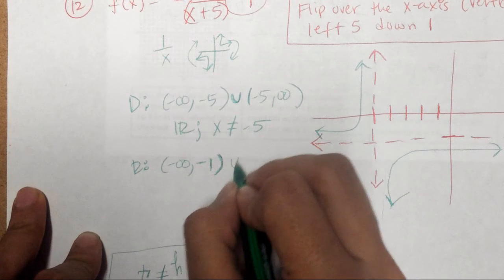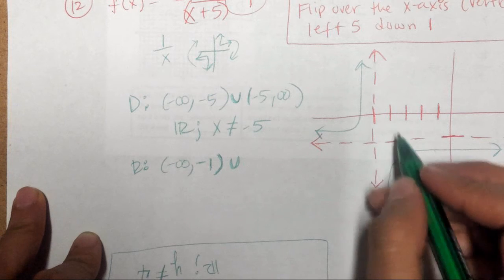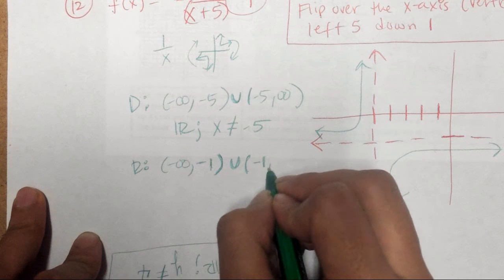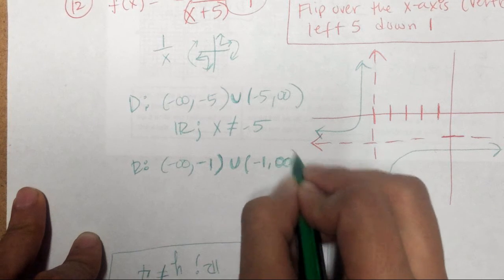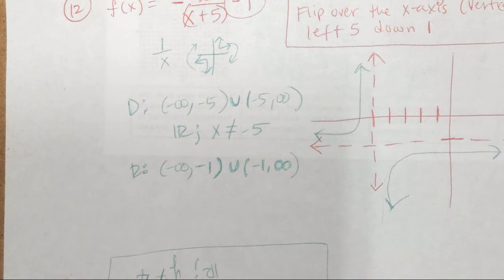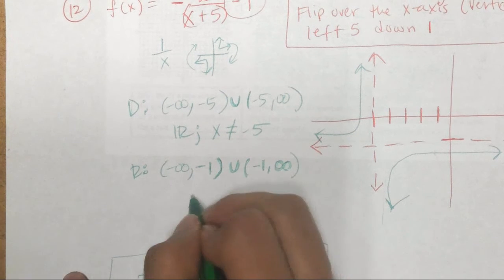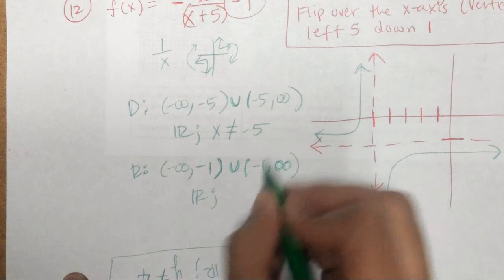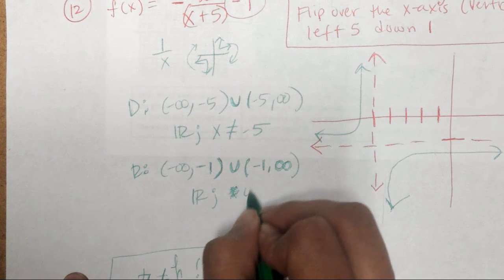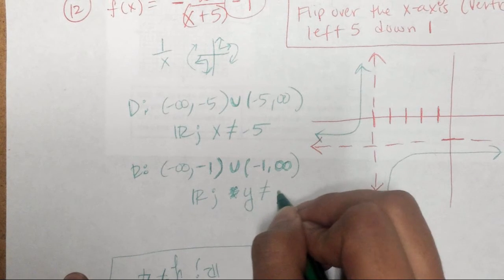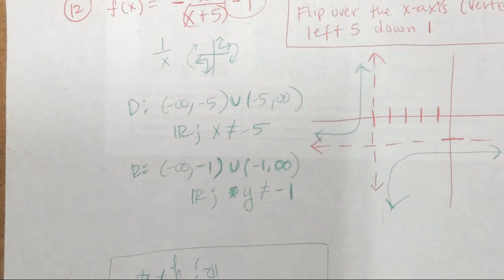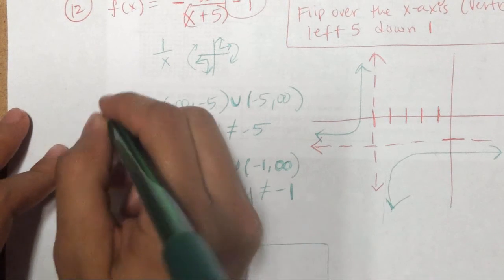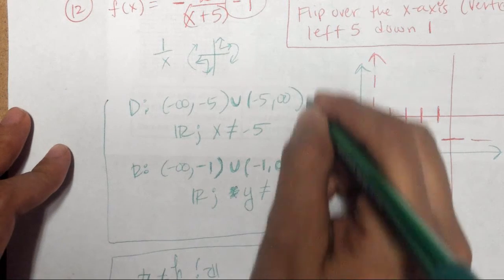You have a break, so union, and then you start again, negative 1 to positive infinity. If I want to do this in set builder notation, all real numbers, sorry, not x, this is y because it's range, y cannot be negative 1. There you go. So we have our domain and range.